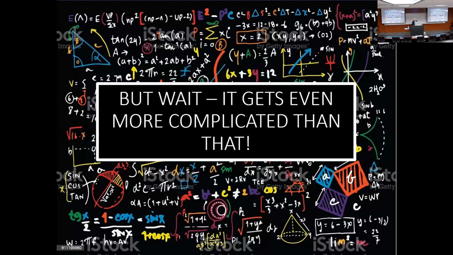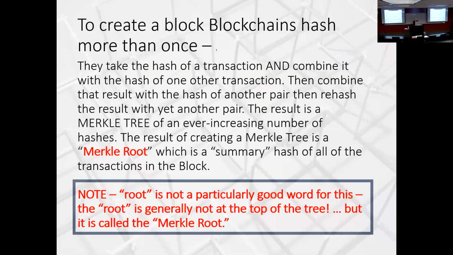So, but it gets more complicated than just hashing. To create a blockchain block, we hash more than once. And I'll show a diagram in just a minute, but it's very interesting, at least to the nerd in me, that you hash and you get a string, you hash some more data, you get another string, and then you can put the two strings together in a new hash.